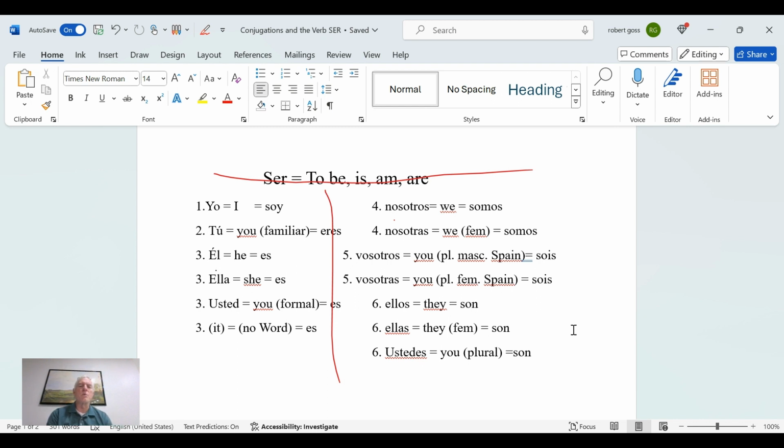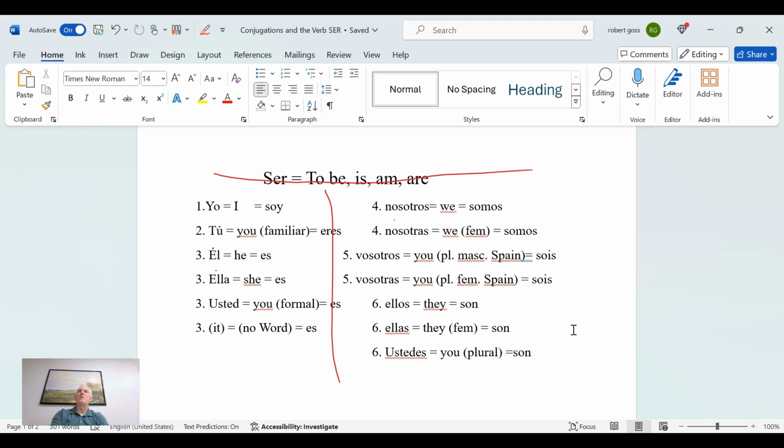Same thing with tú. We really don't have to say tú if we're going to say eres. More often than not, though, if we get to number 3, él or ella or usted or it, we're probably going to use the pronoun a little bit more, at least at the beginning, until we know for certain who we're talking about. But if I would say Juan es, John is, and John would be equivalent to él for he is.